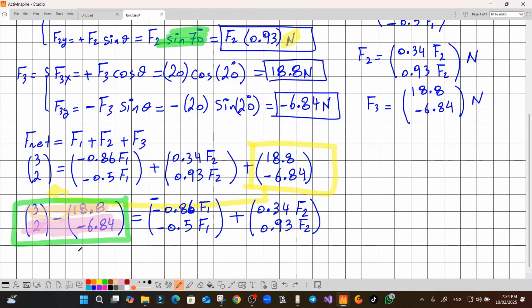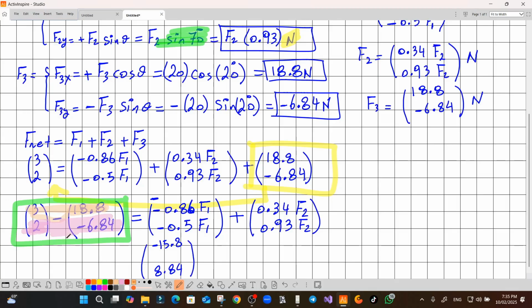As a result, 3 minus 18.8 is just minus 15.8, and 2 minus 6.84 is just minus 4.84.